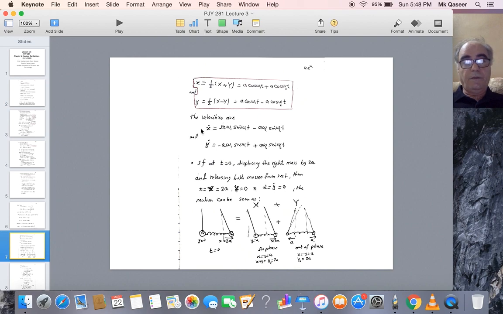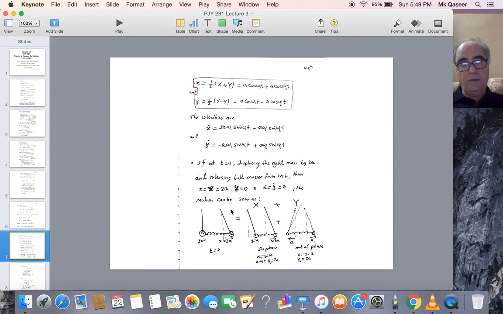The velocities are just the first derivative with respect to time. Now, if at t equals 0 we displace the right mass by 2a and release both masses from rest, then X capital equals 2a and Y capital equals 0, and x dot and y dot at t equals 0 equal 0.